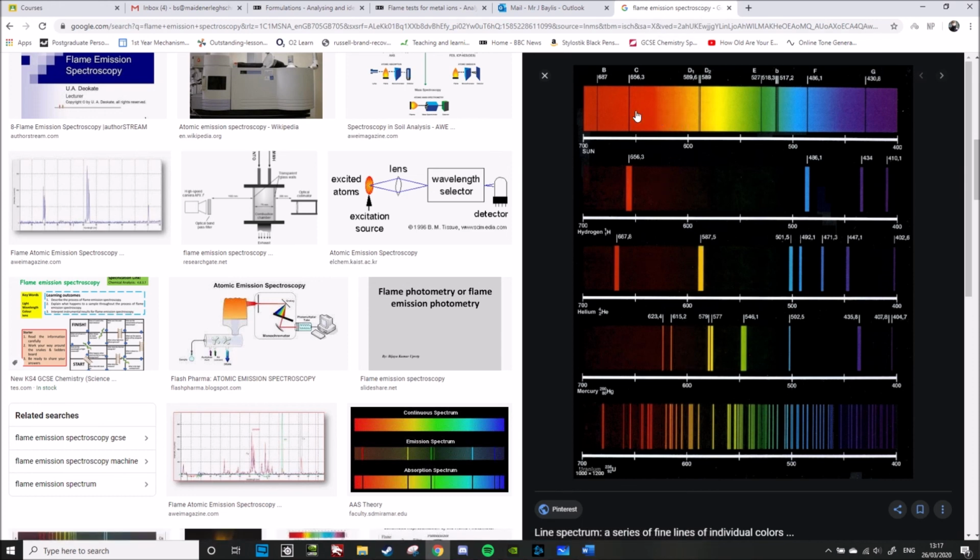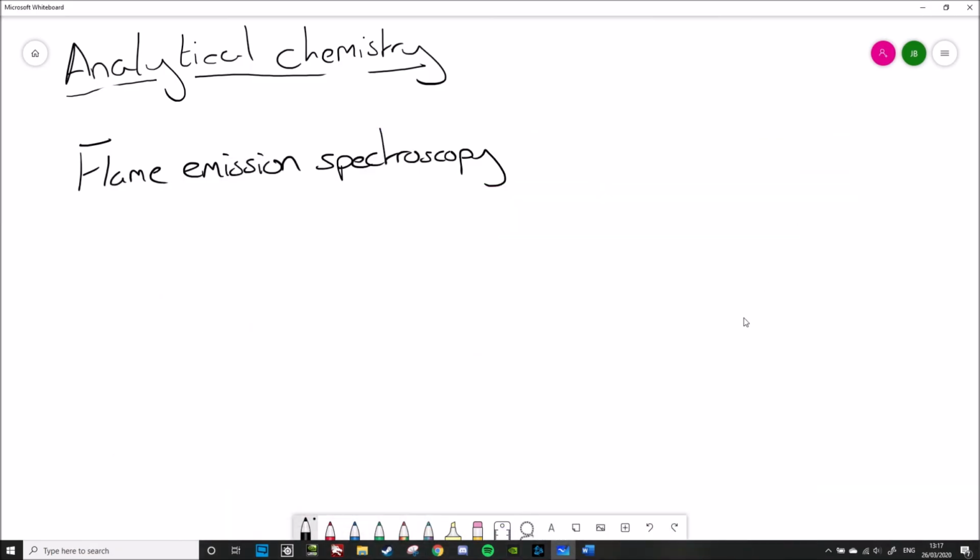So in this one up here, we've got some hydrogen present, as you can see here. We've got some helium present. We've got this one here, and we might even have some mercury present, because it lines up with this one at the top, and that's what you've got to be doing in your exam, is using that lining up.